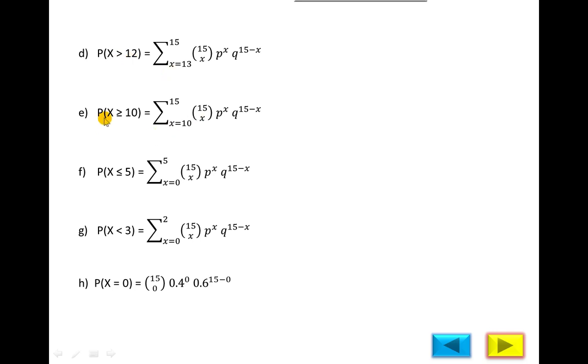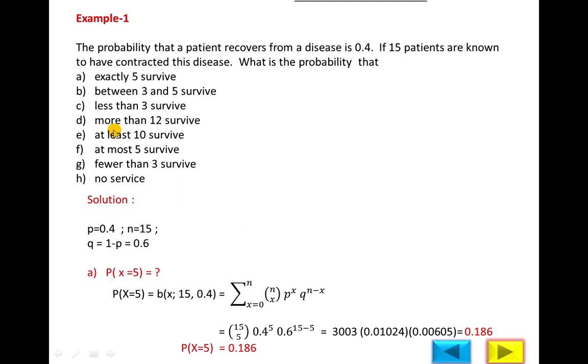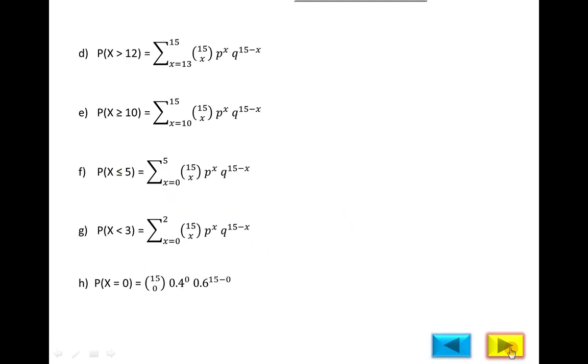Next part is at least 10 survive, minimum 10, maybe more than 10 to above. I have already explained this type of condition in the first and second examples, videos number 10 and 11.